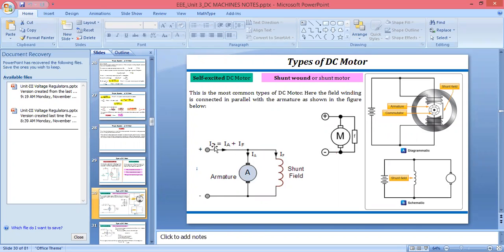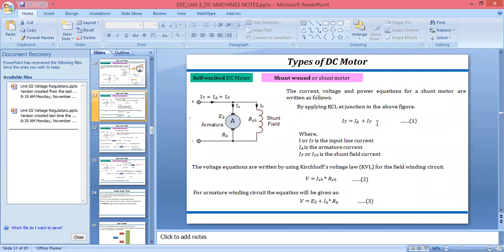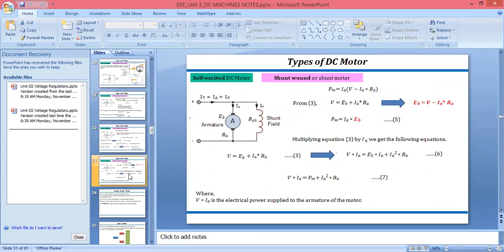So you will get IT, the total current, equal to IA plus IM. Then we have studied the working of the shunt winding. You will get the equations for the voltage supply by applying KVL. Then we have seen the equations for the power. Power is V into IT. You will get power equal to Pm plus IA square RA.